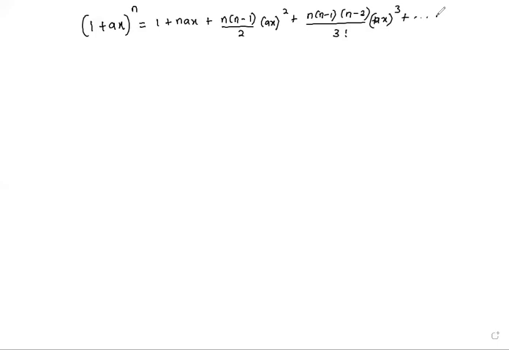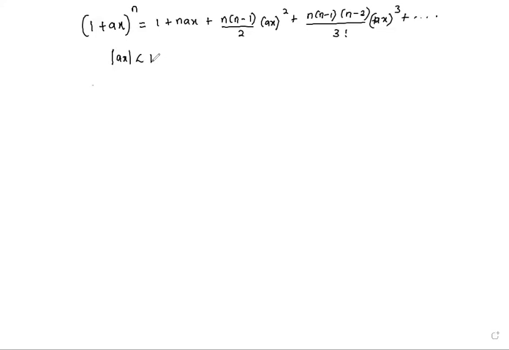So this is a very, very important formula because it sorts out so many issues to do with series and application. Should they ask you for the range of validity, your main focus is you do that. That's our focus.